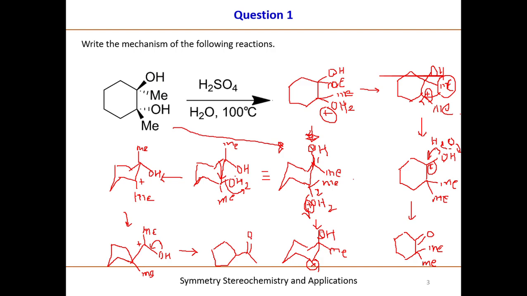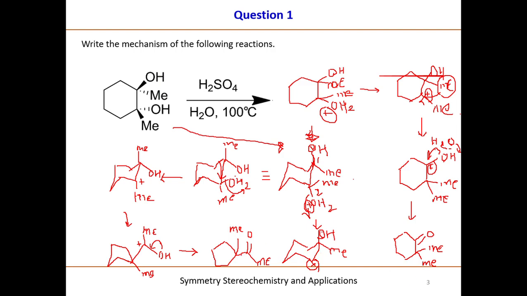5-member product. Methyl group and here also methyl group. So these are two possibilities of the product in this case. The first product is a 6-member ketone, 2,2-dimethyl cyclohexanone.